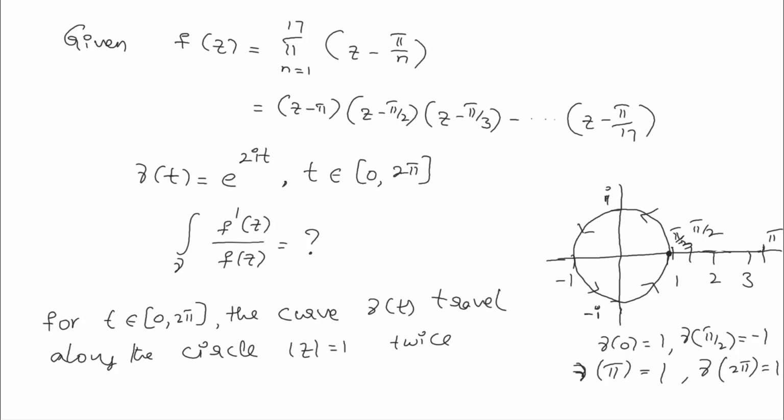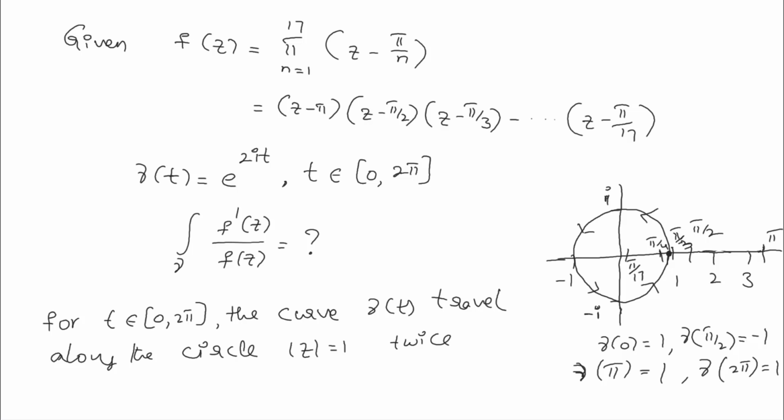Then coming to the point pi by 4, it lies inside the circle modulus equal to 1. So let me take this point as pi by 4, and continuing we get approximately the point pi by 17 as this point.